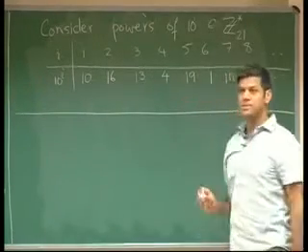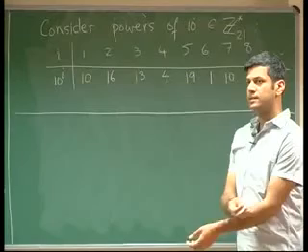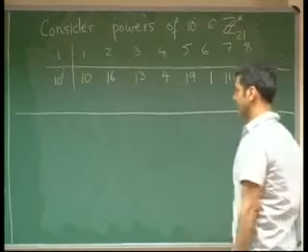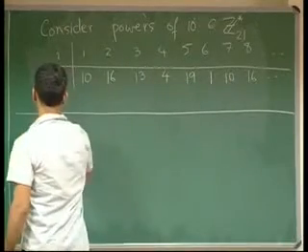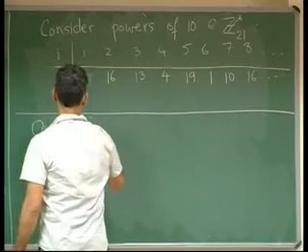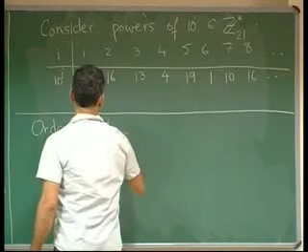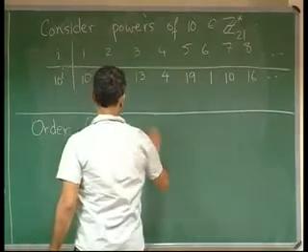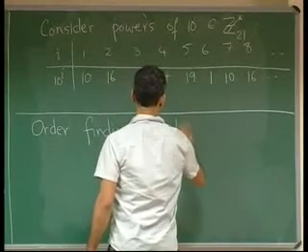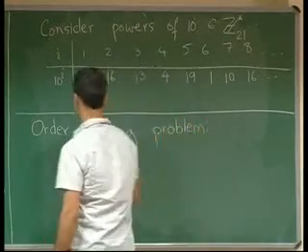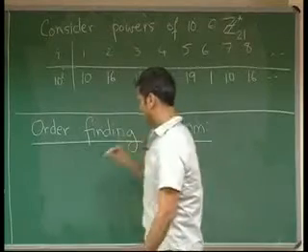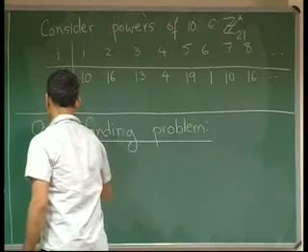So now I'm in a position to define what the order finding problem is. For this problem, there are two inputs.